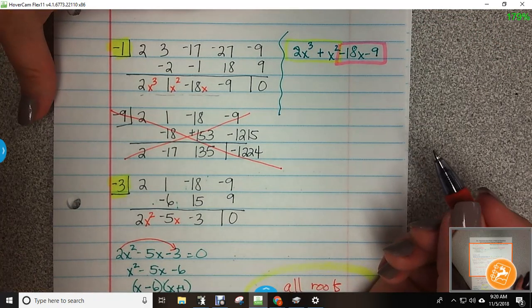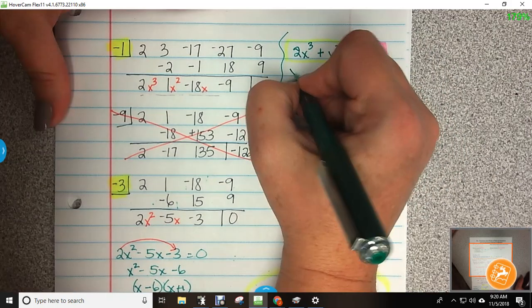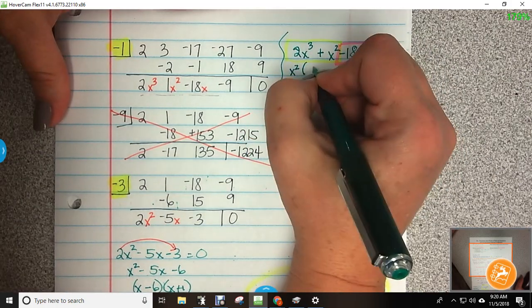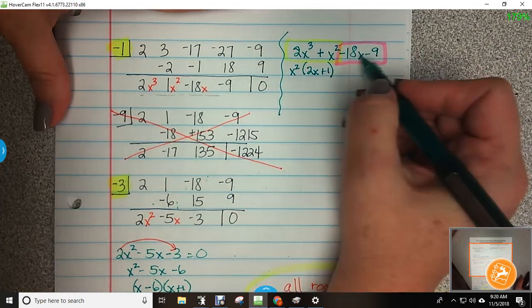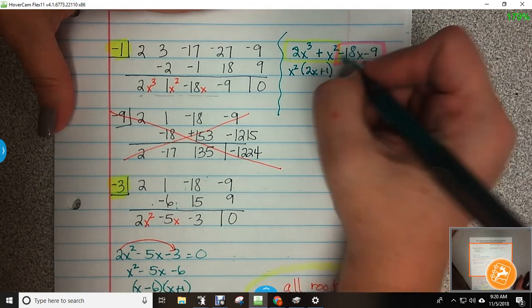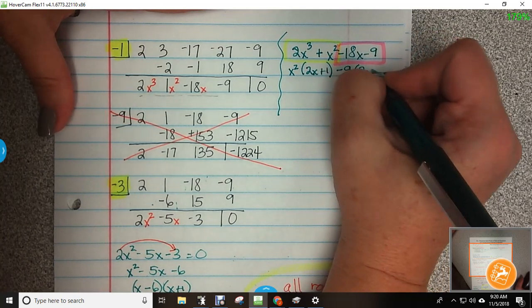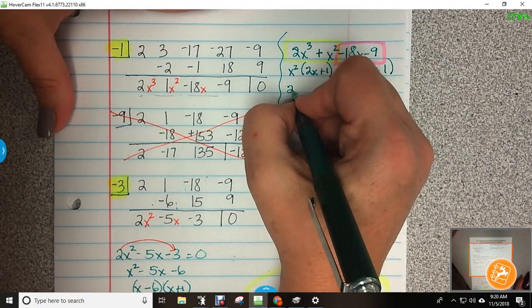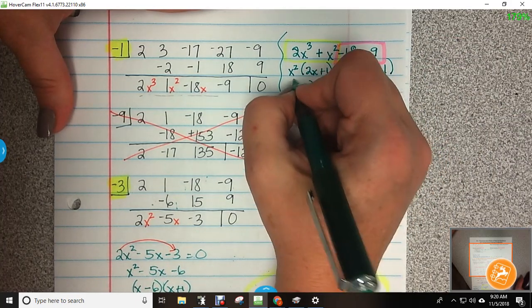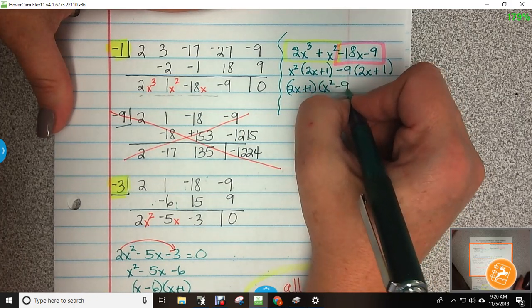So for the ones in my yellow box, my GCF is x squared, and that will leave me with 2x plus 1. In my pink box, my GCF is negative 9, and that will leave me with 2x plus 1. So I pull my common parenthesis out front. My leftovers are x squared and minus 9.